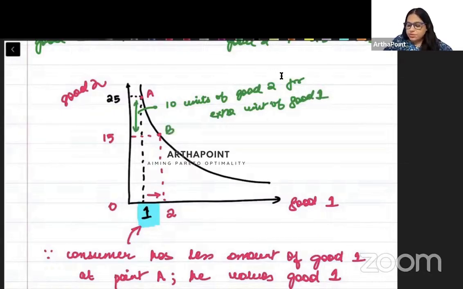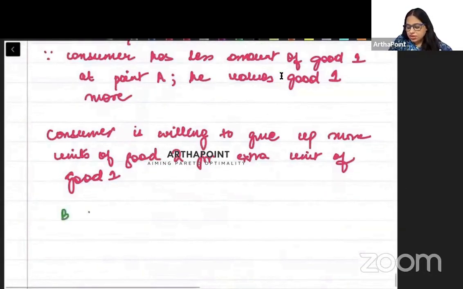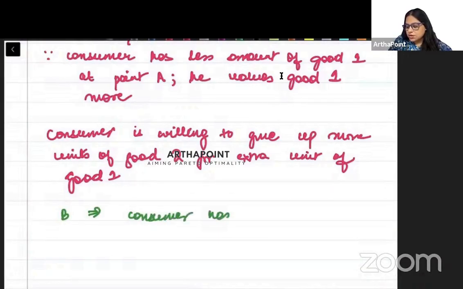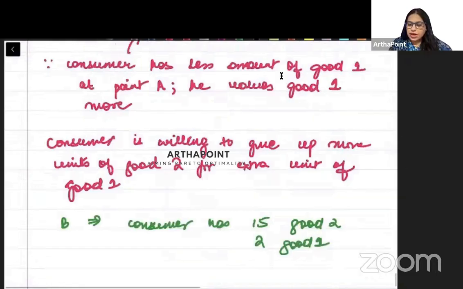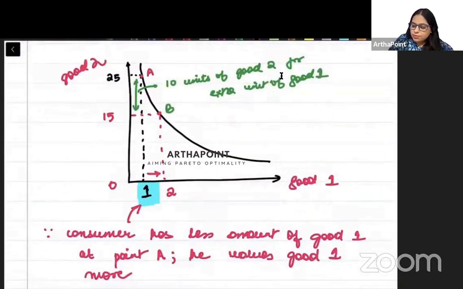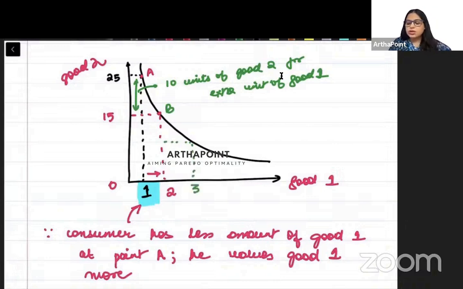Now at point B, जब हम point B पे बात करते हैं, the consumer has 15 good 2 and 2 good 1. But you ask the consumer again, how much are you willing to give up of good 2 for an extra unit of good 1? 3 units पे जाने के लिए.